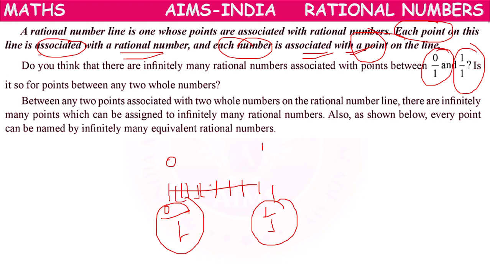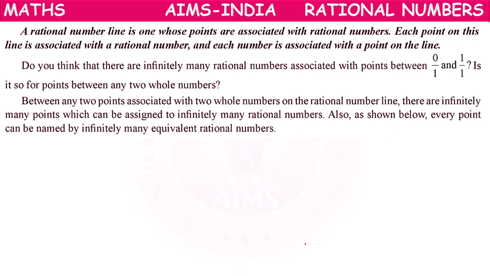If you make 10 equal parts, 10 rational numbers. Like that, if you make infinite parts, we will get infinite rational numbers between 0 and 1. So between 0 and 1, there may be infinite rational numbers. It depends on this 1 unit, into how many equal parts we are going to divide. Based on that, we can have.